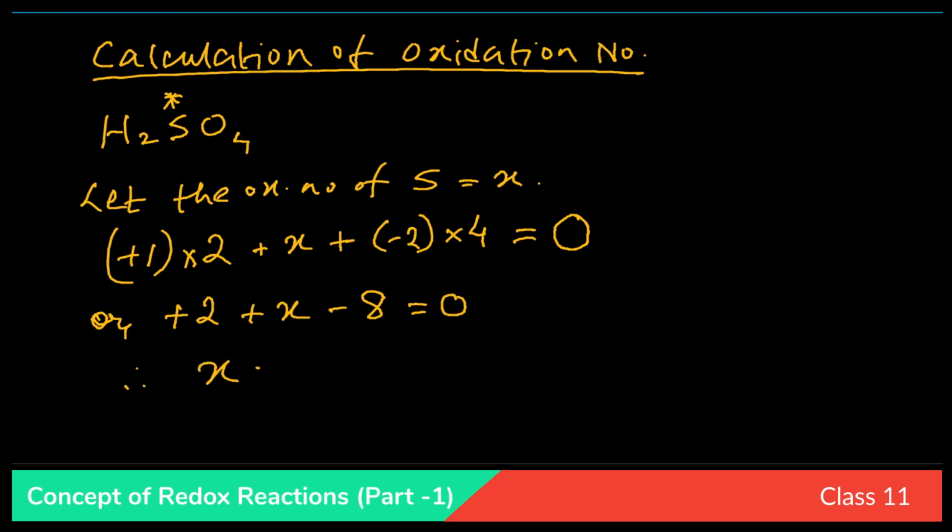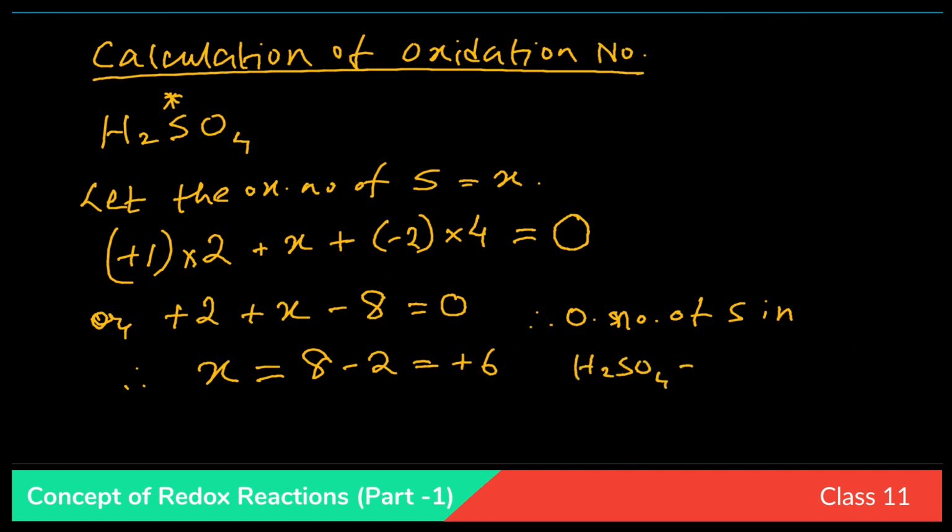So by solving X, you will get 8 minus 2, that is equal to +6. That is, the oxidation number of sulfur in H2SO4 will be equal to +6.